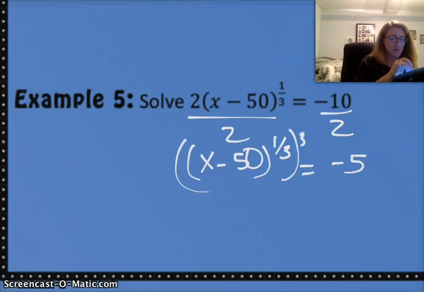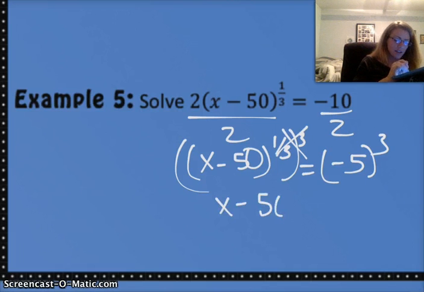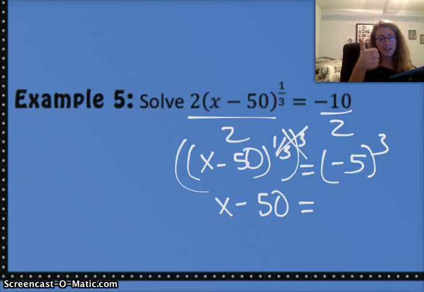And then I'm just going to cube everything. So x minus 50 to the 1/3 to the 3rd power is x minus 50.